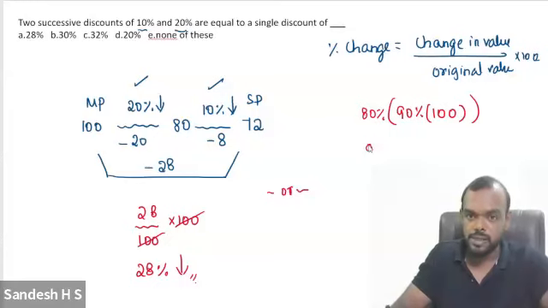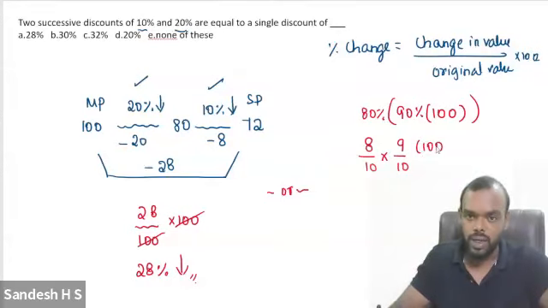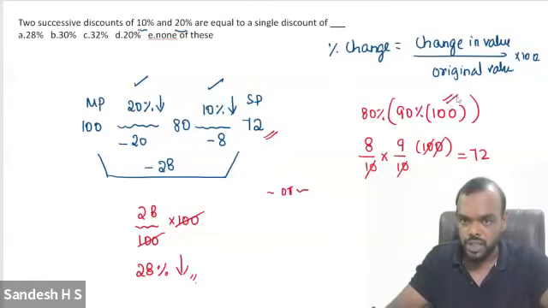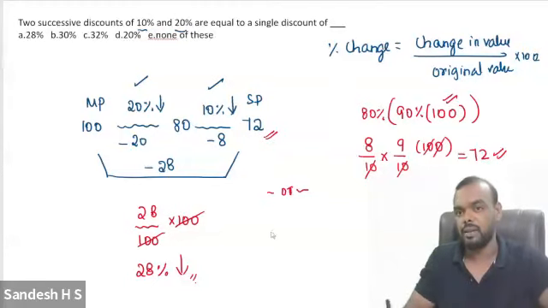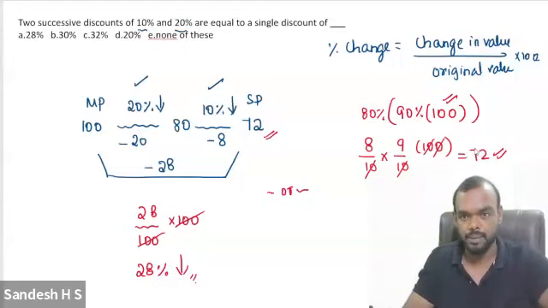If you do this, 80% is 80 by 100 or 8 by 10. 90% means 90 by 100 or 9 by 10. Into 100 is there. 0, 0, 0, 0 cancel. 8 into 9, 72. We got the same value. This is original price. This is final. Sorry, original value is 100. Final value is 72. Change in value, you will get a 28 again.